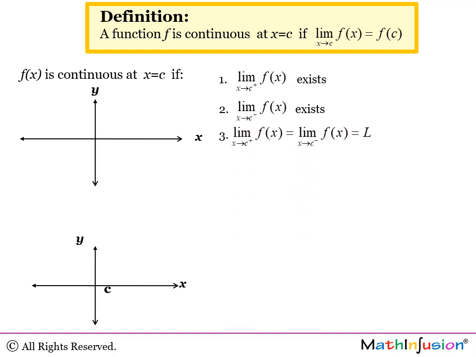But if there is a limit, we know that the limit from the left and the right has to be the same, but even more. Their common value is L. If you put 1, 2, 3 together, we already know that the limit of the function when x approaches c equals L.